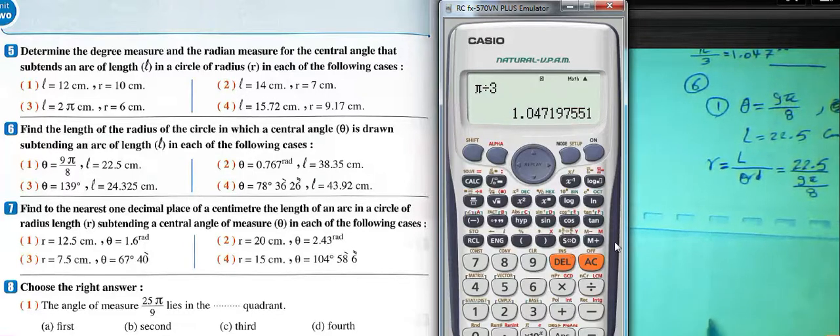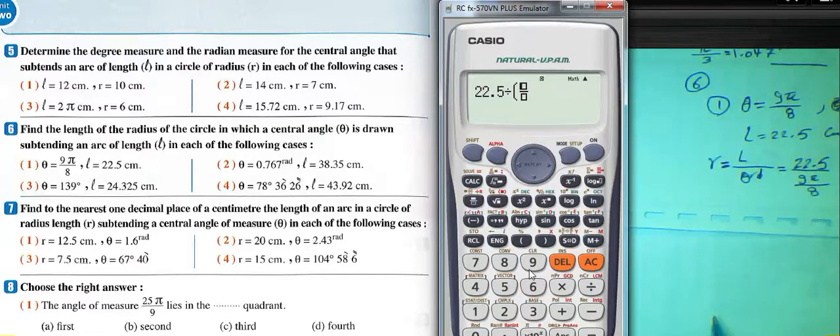You can find the result: 22.5 divided by 9 multiply by pi over 8.